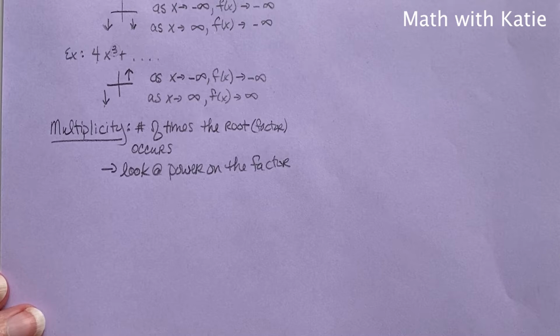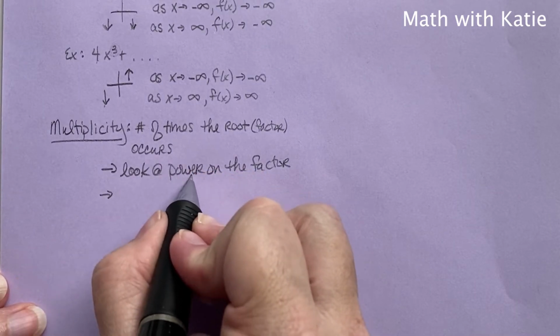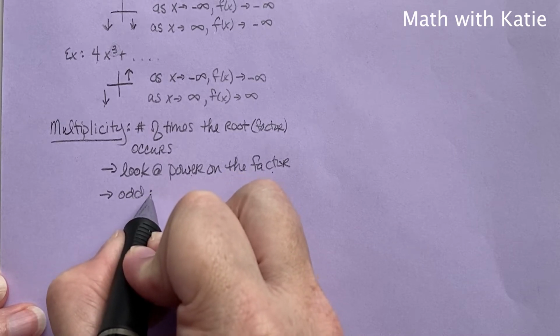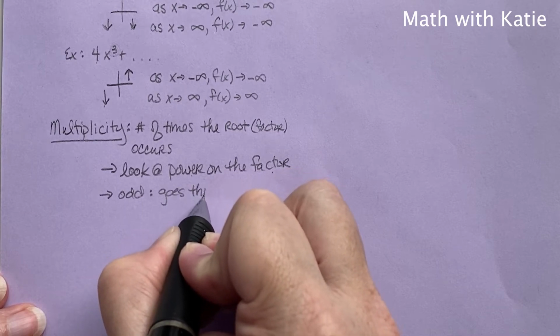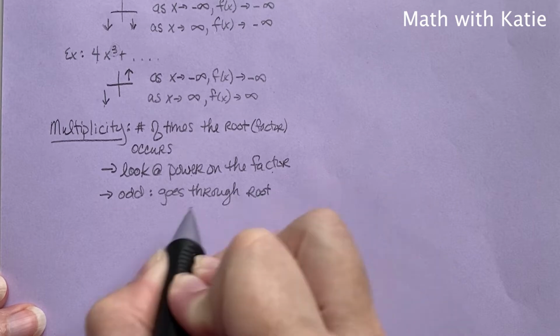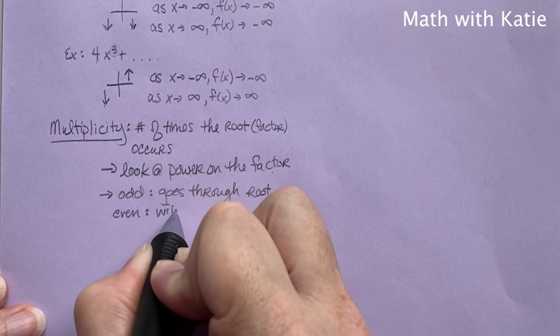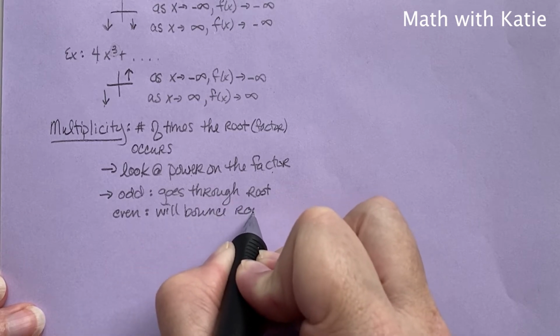Okay, now why do we look at this? If the power on the factor is odd, the graph goes through that root. If it's even, the graph will bounce at that root.